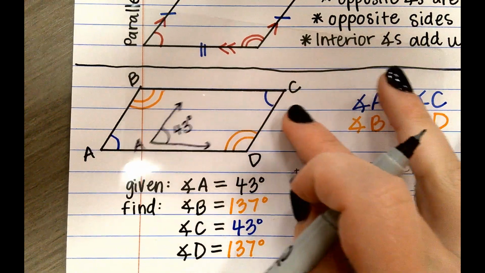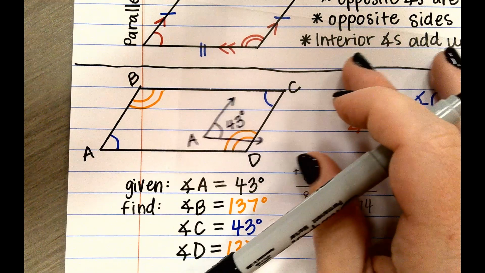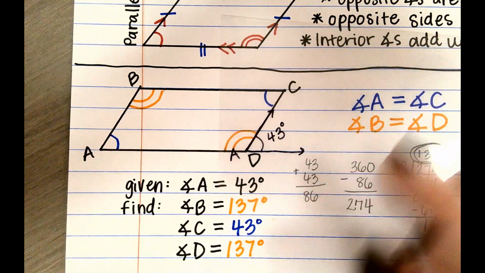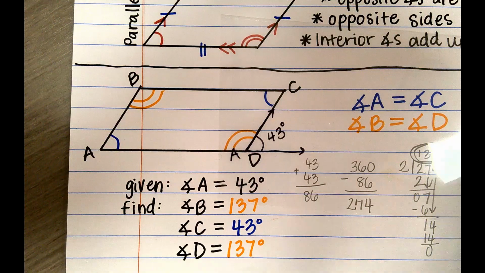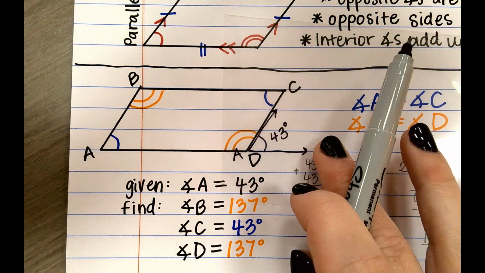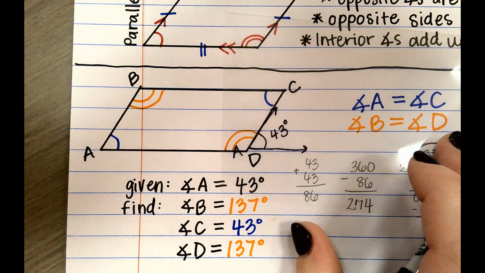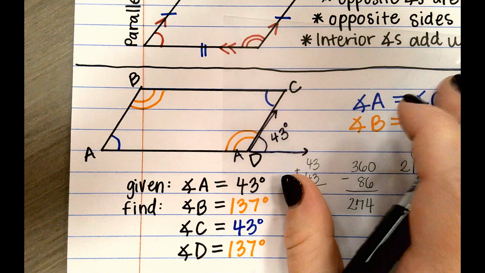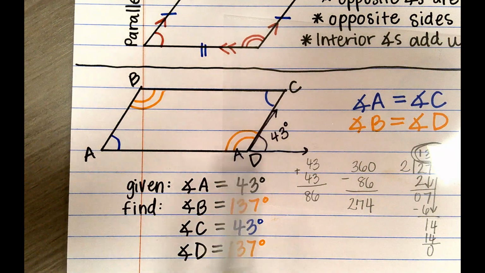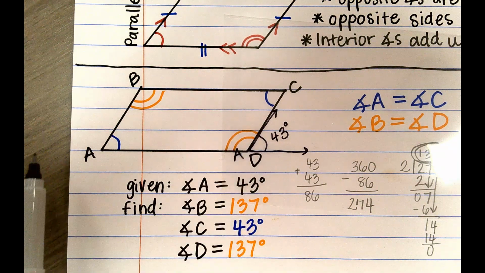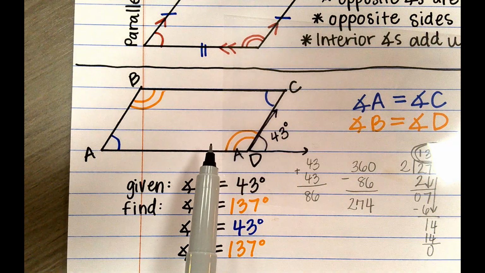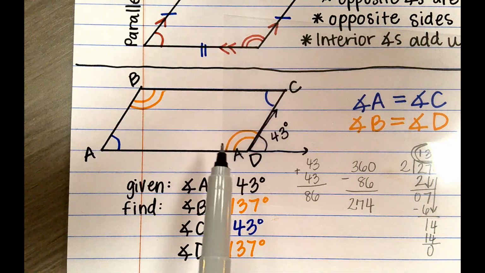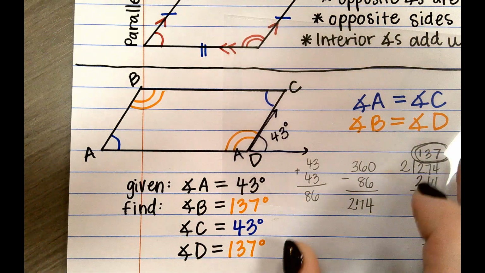Look at how A is related to D. What do you think they add up to? 180. That's another way we could do this. I know that consecutive angles, meaning they come one right after the other, in a quadrilateral are supplementary, meaning they add up to 180 degrees.